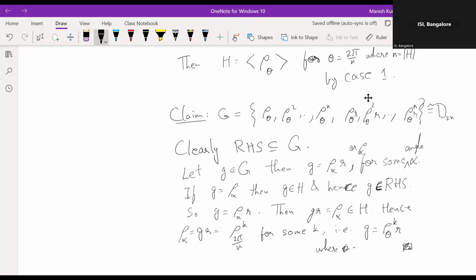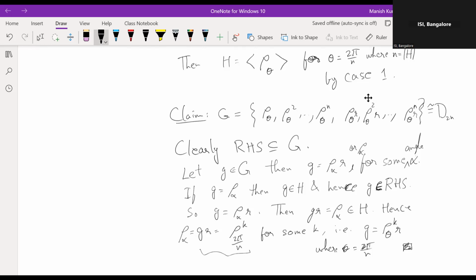So you multiply r on the right on both sides of this equation, then you get that g is rho theta power k times r, which is one of these guys.